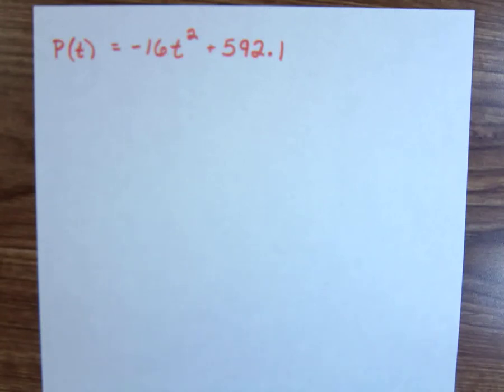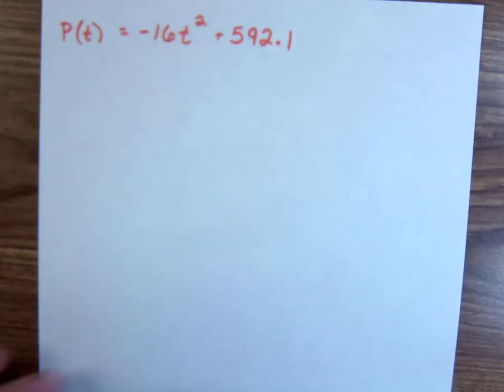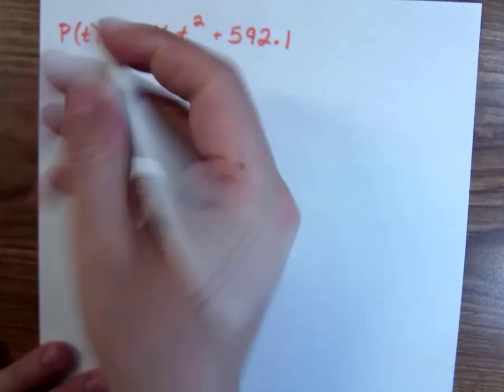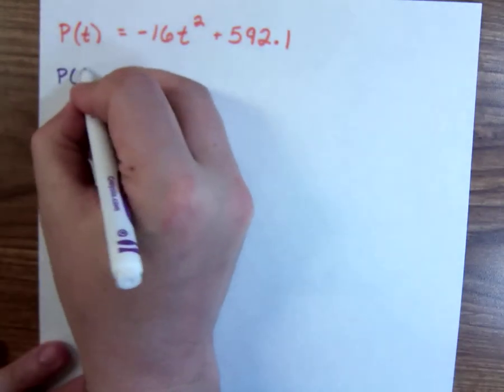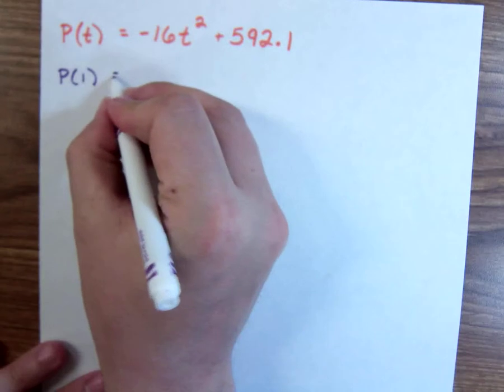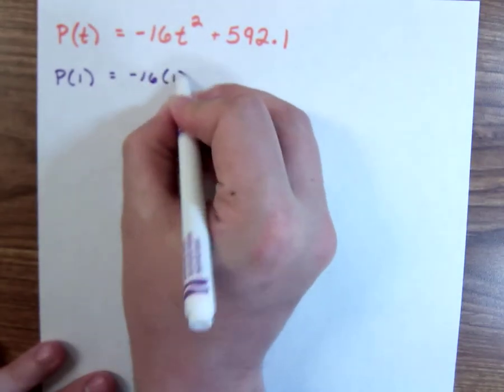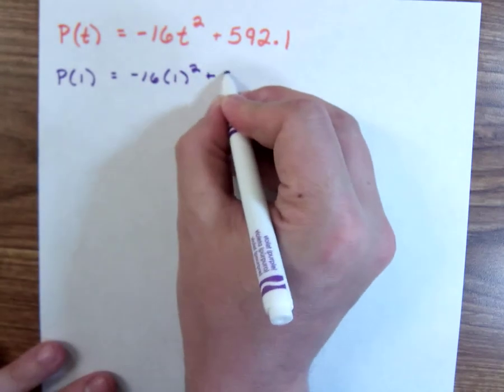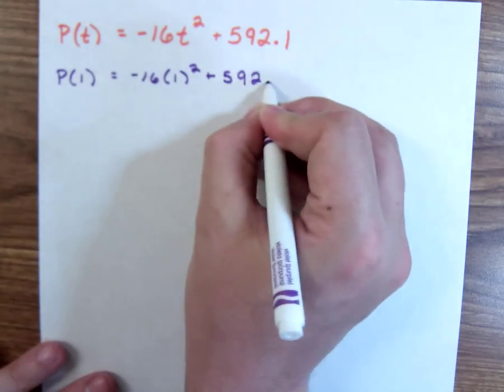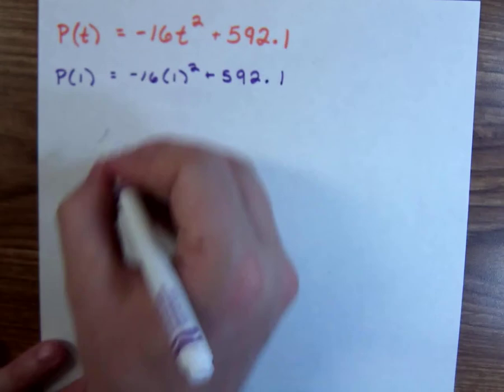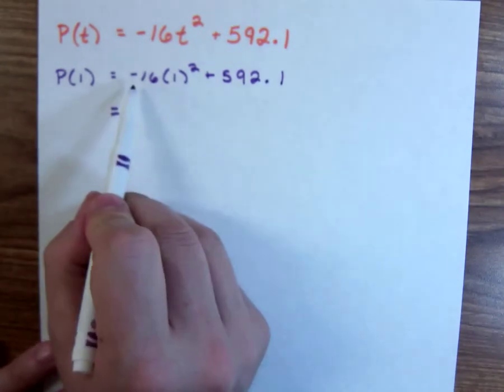So let's answer my original question, where is it after 1 second? The way that I would write this is P of 1. So that'd be negative 16 times 1 squared plus 592.1. Now I know it's going down, that's what the negative is, it's falling.